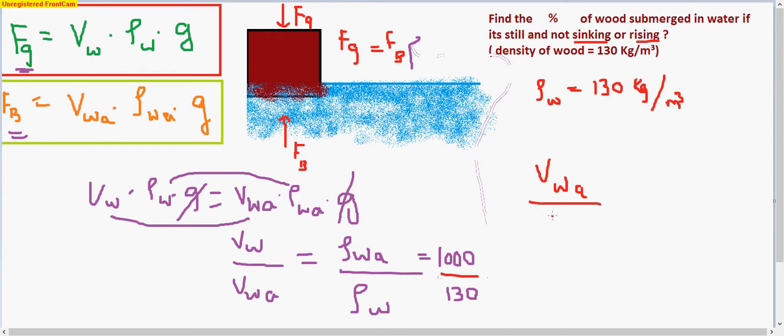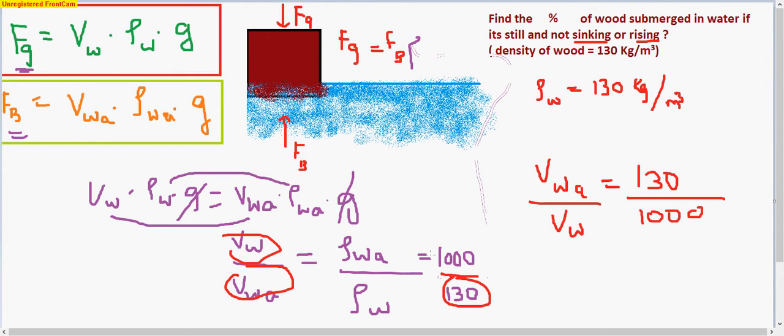So volume Vw by volume Vwa is equal to 130 by 1000, right? I just took the reciprocal of it. This is equal to this, so this by this is equal to this by this.